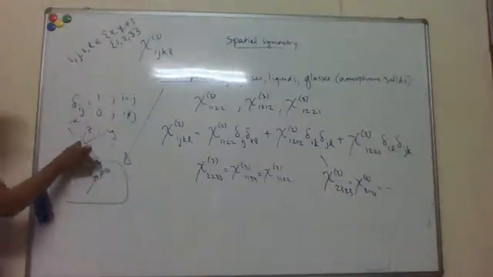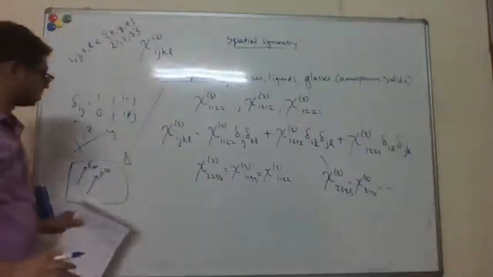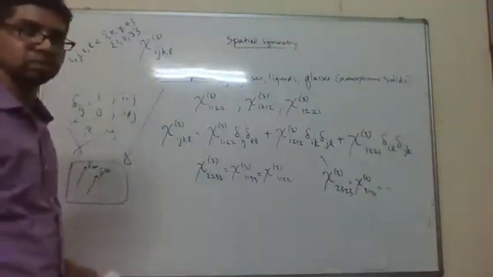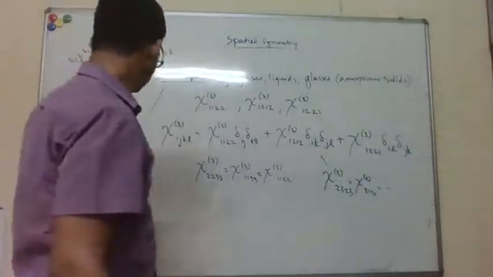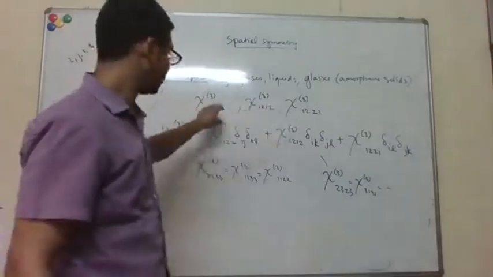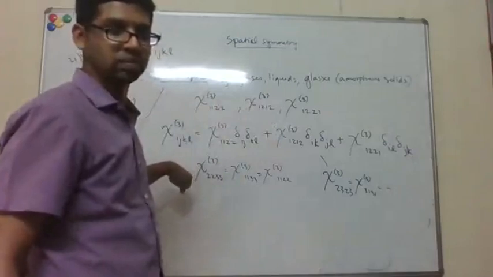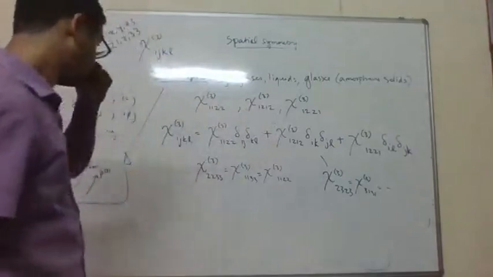Initially, let's say they were pointing in the y direction, I rotate it, so now they're pointing in the x direction. But physically, what is happening is the same, which means the chi3 elements, the magnitude of polarization induced, will be the same for the same magnitude of the electric fields. So the chi3 value is the same. Okay, think about it.